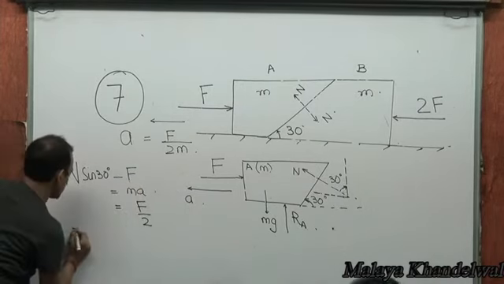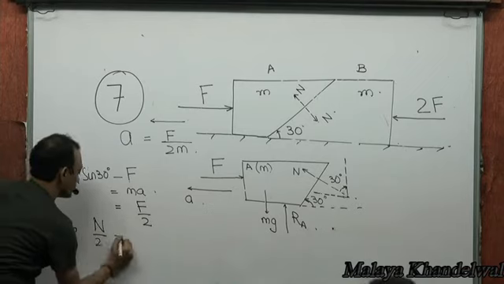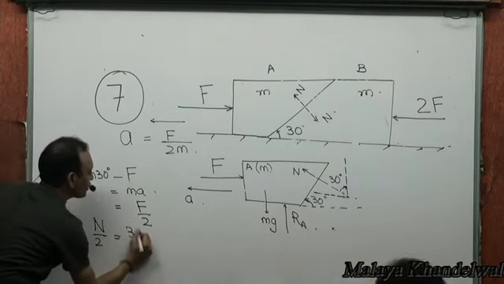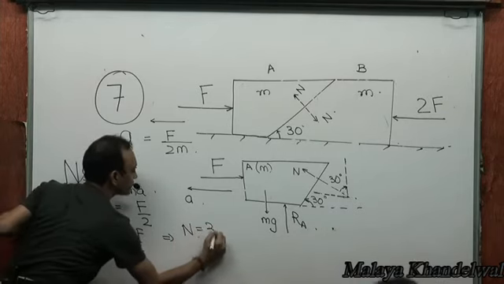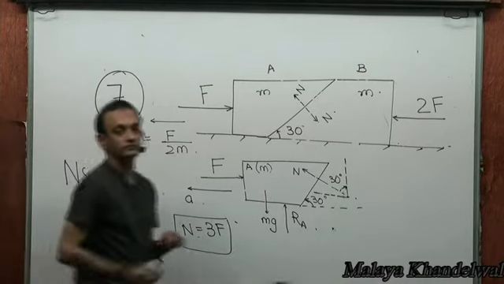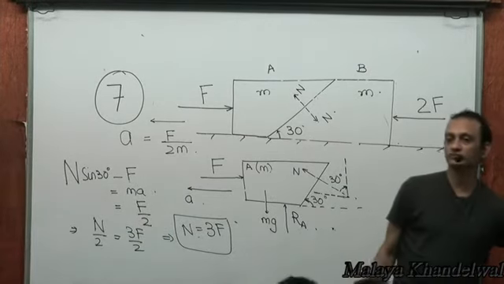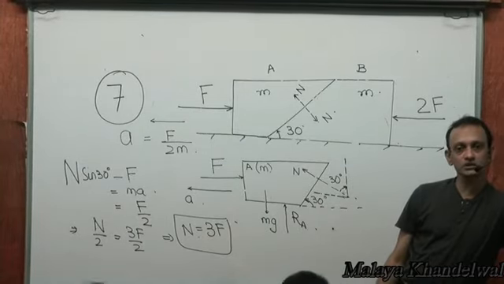This F transposed on this side. N sine 30 degrees means N by 2. F plus F by 2 is 3F by 2. N then turns out to be 3F. Yes or no? No issues with this?